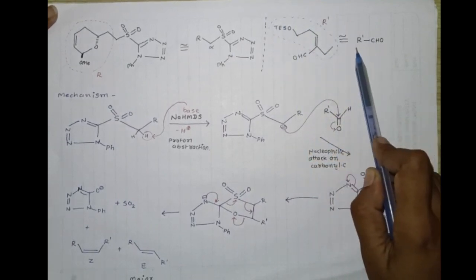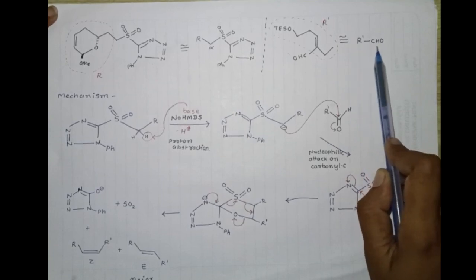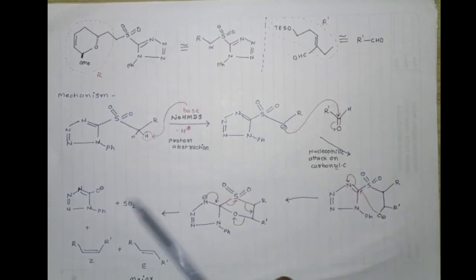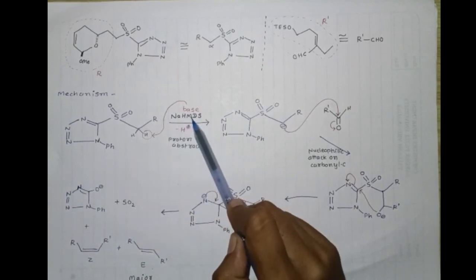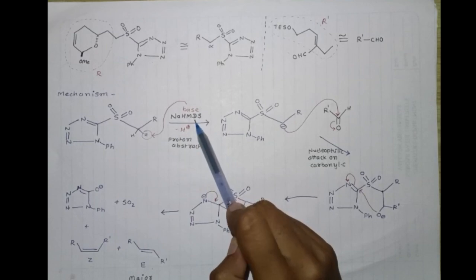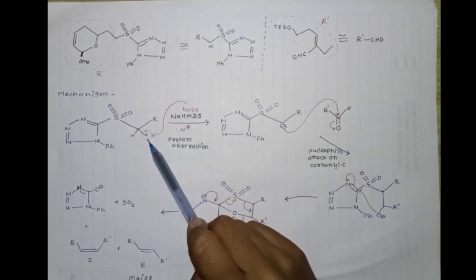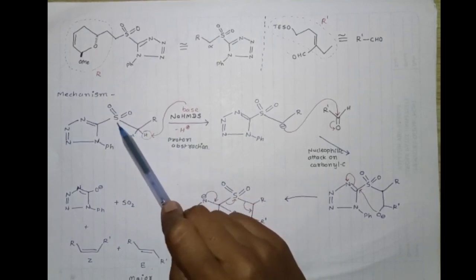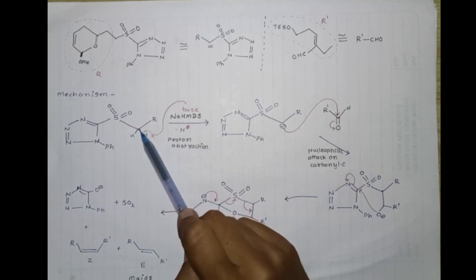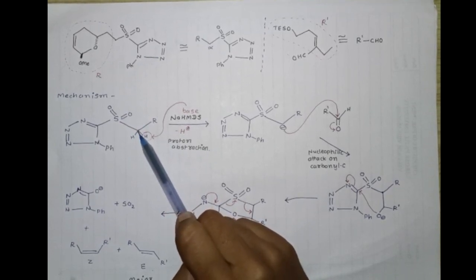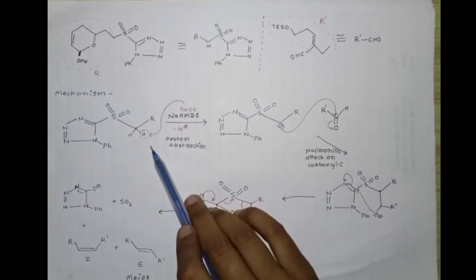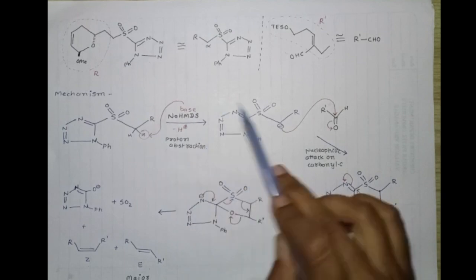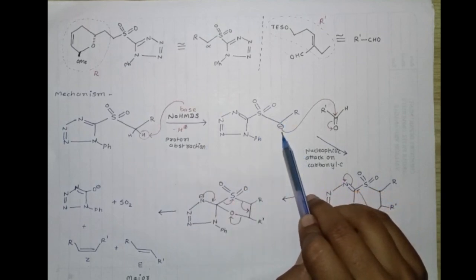So this R dash CHO is our second starting material. In this mechanism, first of all our base NaHMDS will abstract this alpha hydrogen which is directly connected to the carbon here, and so this is our alpha. So base will abstract this alpha hydrogen, so this carbanion will be formed here.